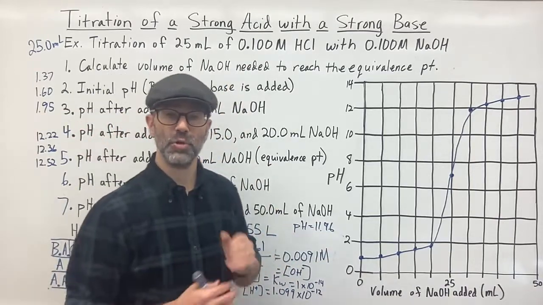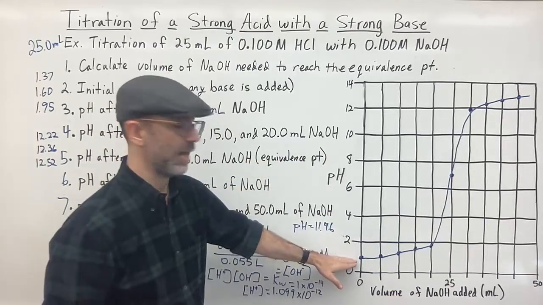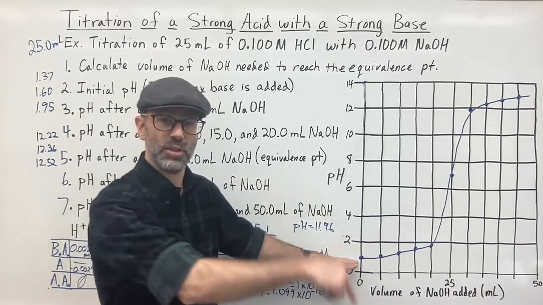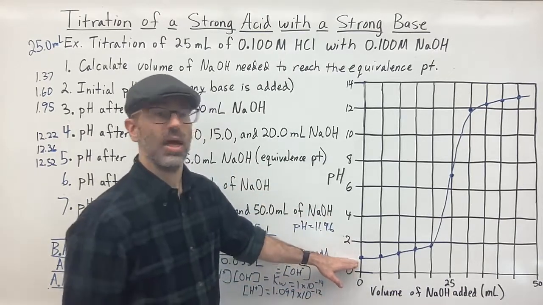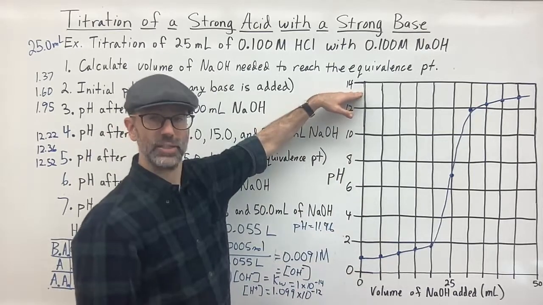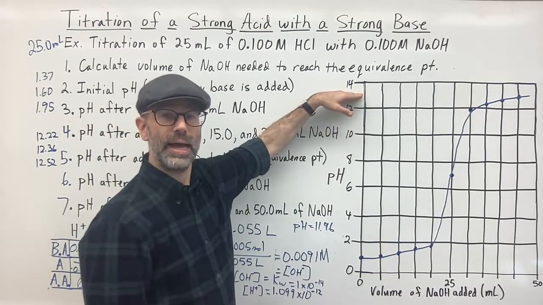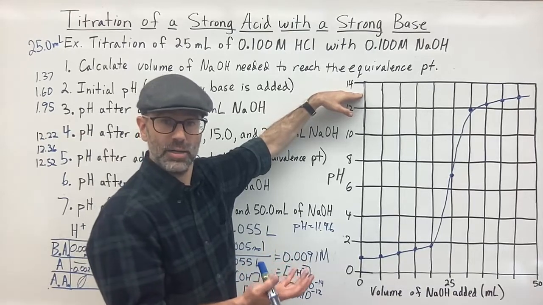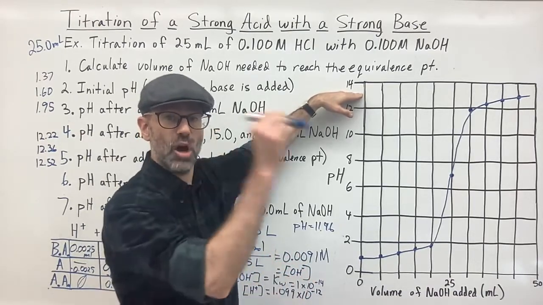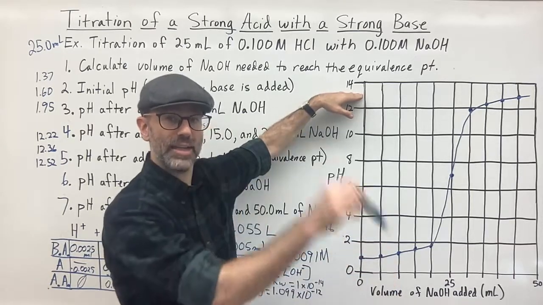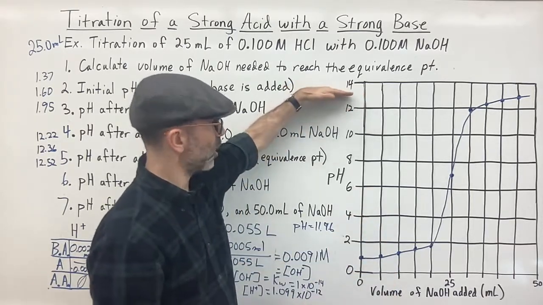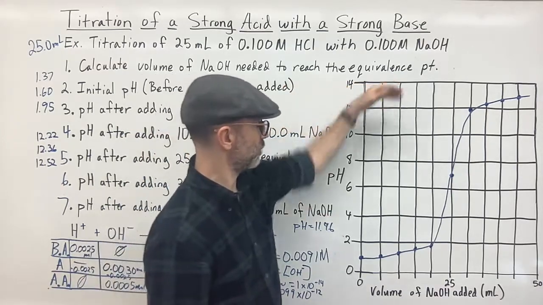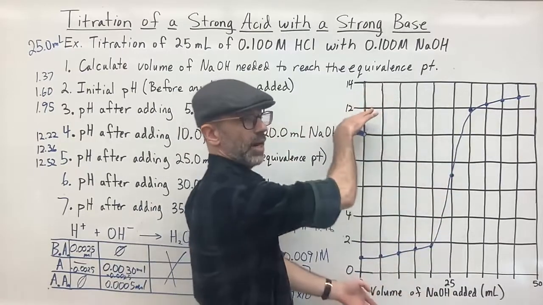The only difference would be that instead of starting at a low pH, because we're starting with an acid and titrating by adding the base, we would start with a high pH here, because we would be starting with only base in our Erlenmeyer flask, and we're adding strong acid to that. So as we're adding the acid, we start at a high pH, and as we add the acid, the pH would decrease. So this would be flipped by 180 degrees.